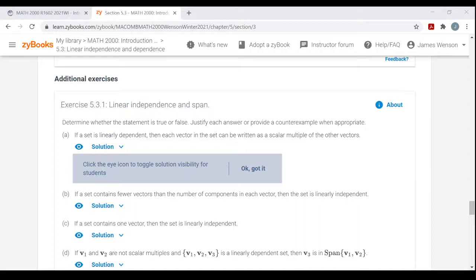And if there are any columns that are not pivot columns, then the vectors are dependent. And the vectors from the original set that correspond to a pivot column would form an independent set on their own. All right, wonderful.